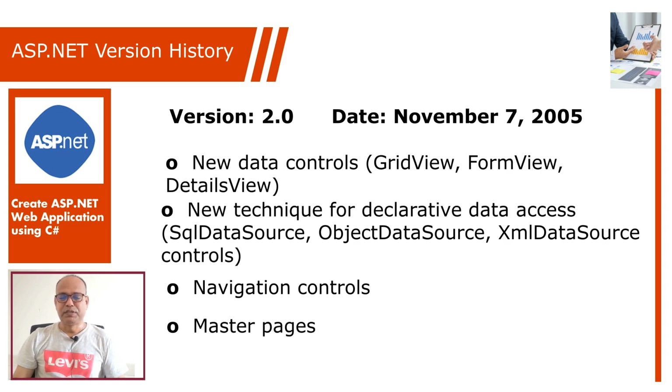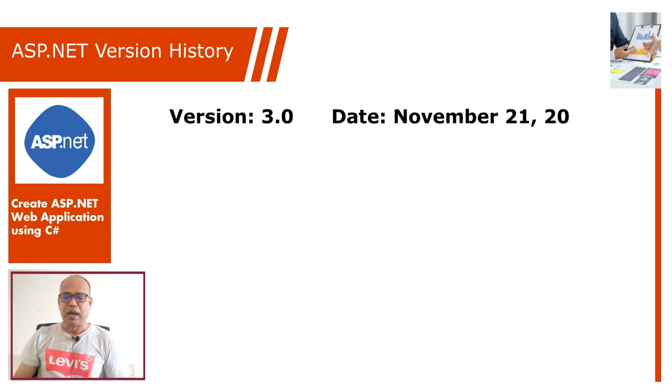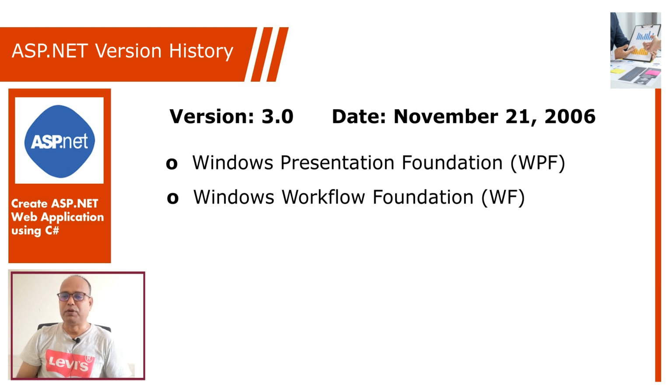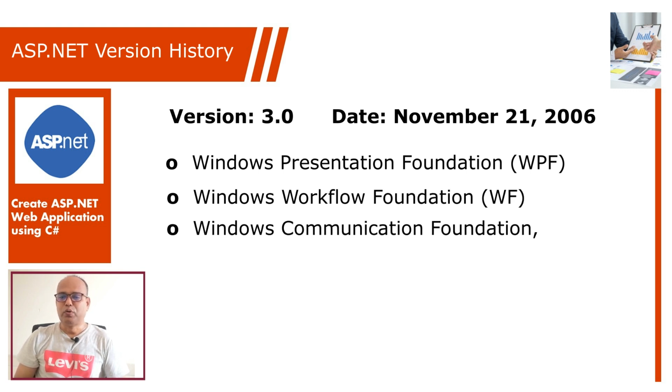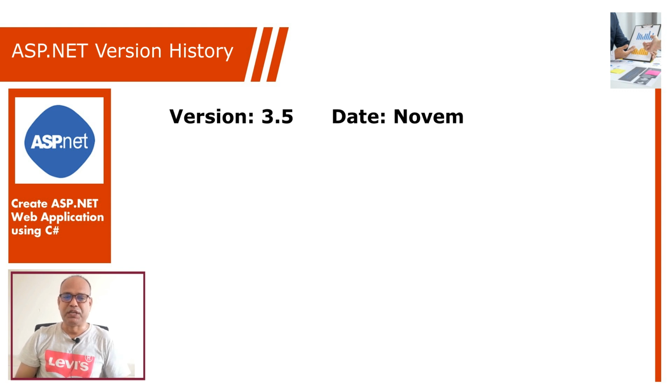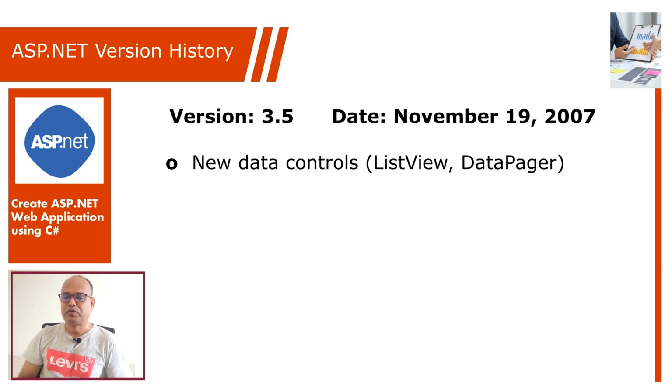The next version is 3.0, released on November 21, 2006. Main features: Windows Presentation Foundation (WPF), Windows Workflow Foundation (WF), and Windows Communication Foundation, which can use ASP.NET to host services. Version 3.5 was released on November 19, 2007, with new data controls, ListView and DataPager.